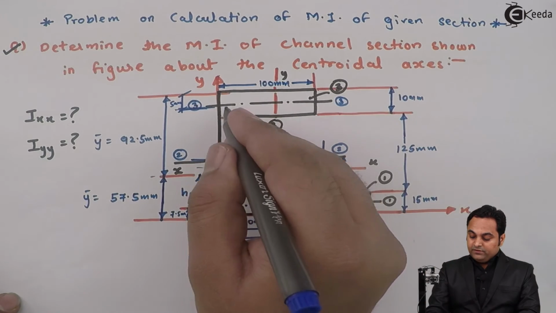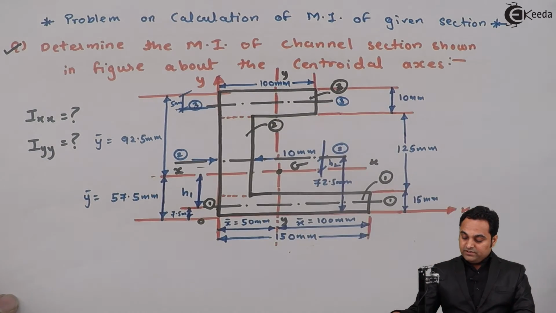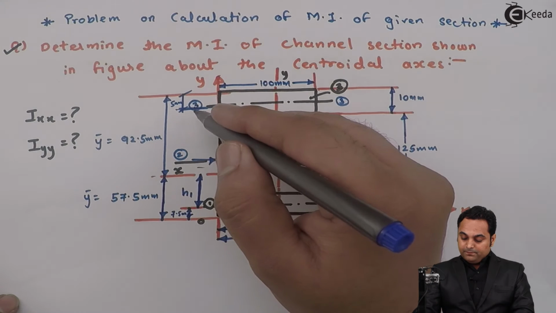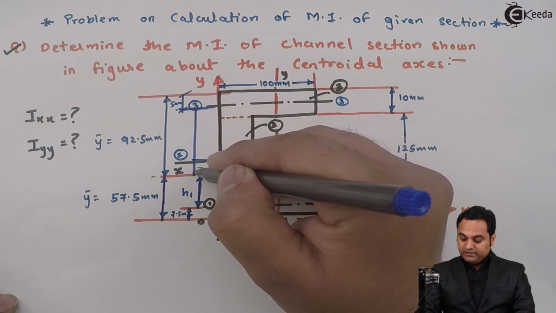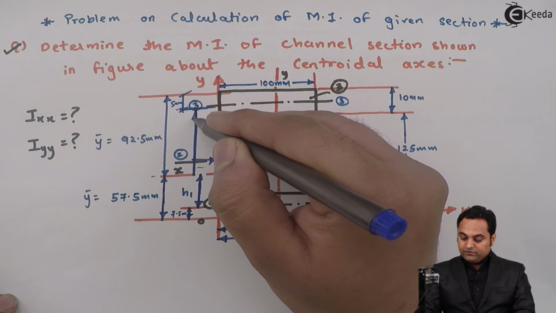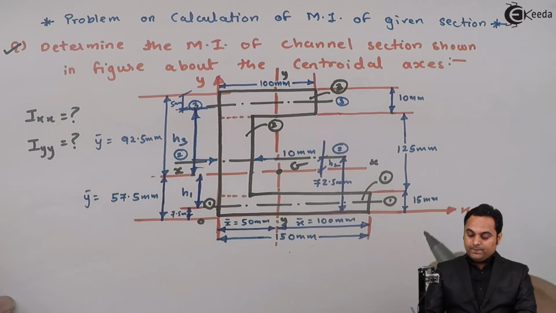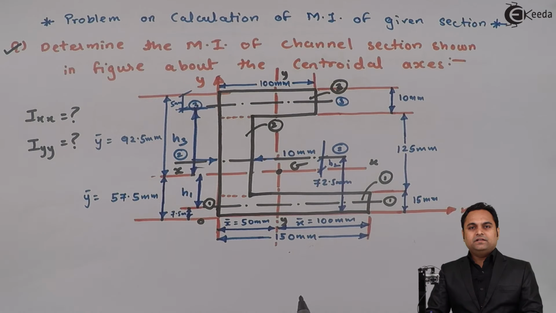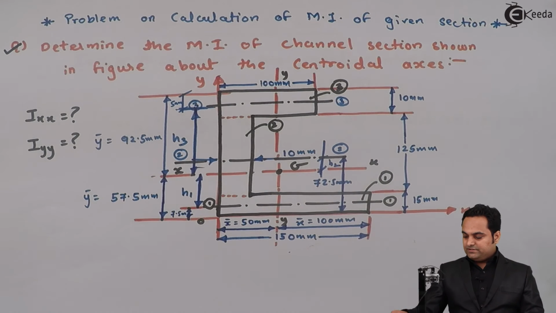So the two axes are not passing through the same line, there is some distance, and the distance between these two axes, from here till the x-axis of the complete C section, would be called H3. So that is why we are using the parallel axis theorem. If this distance would have been 0, then there would be no need of the parallel axis theorem.